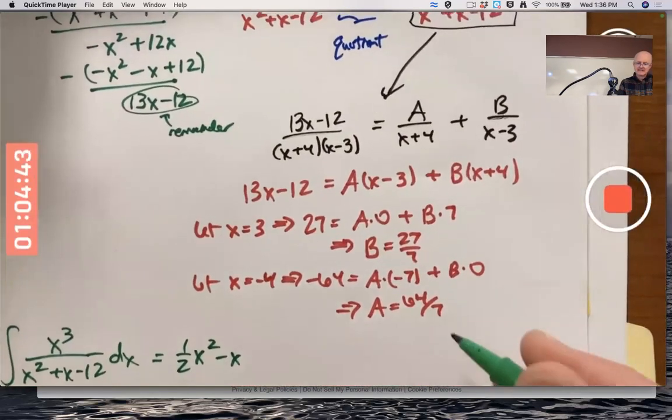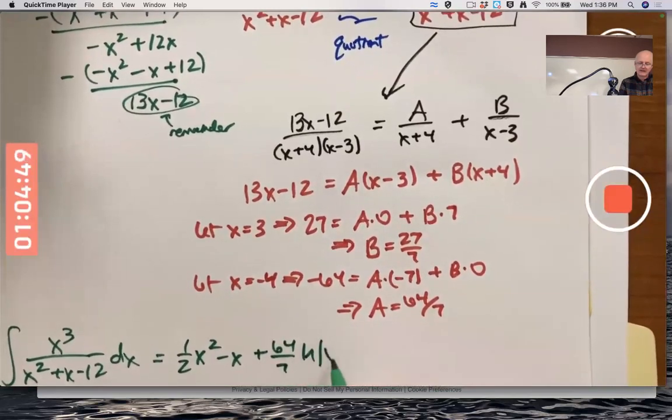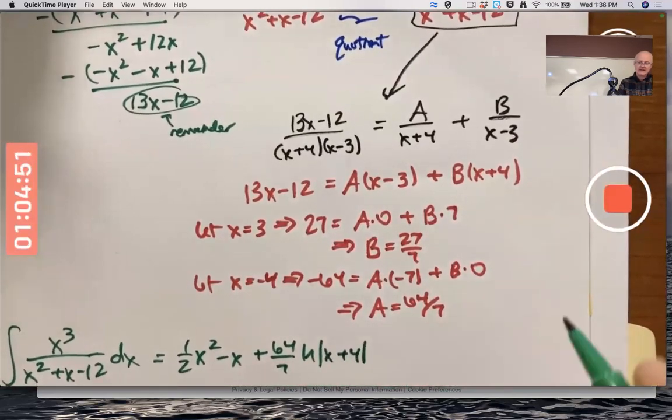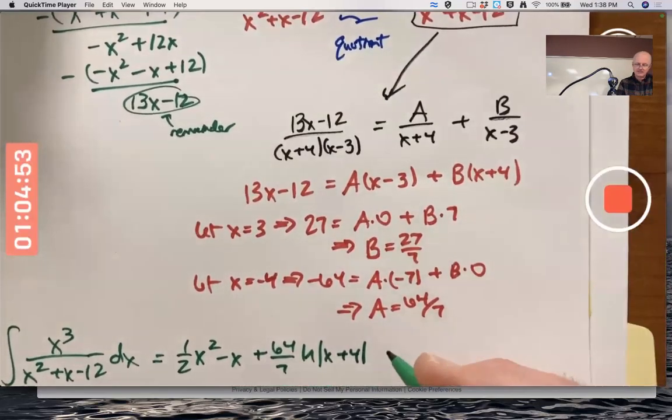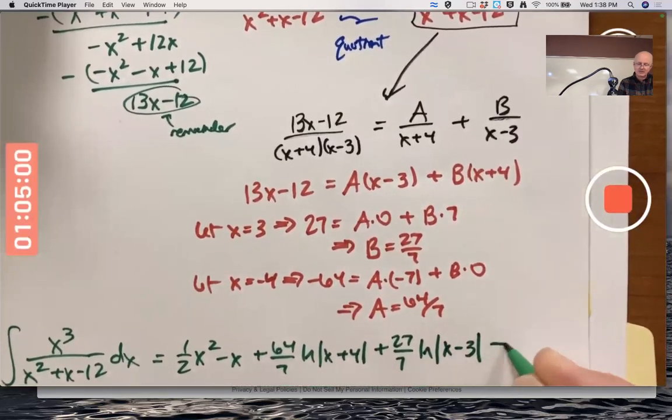Integrate 64/7 over x plus 4. You'll get plus 64/7 times natural log of the absolute value of x plus 4. Integrate 27/7 over x minus 3 gives you plus 27/7 natural log of the absolute value of x minus 3. Don't forget your plus c.